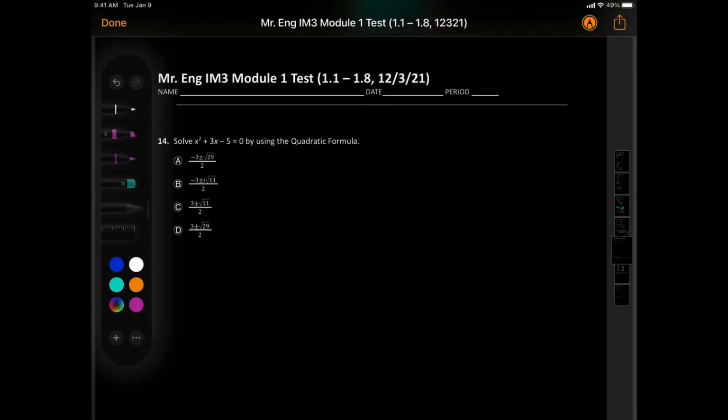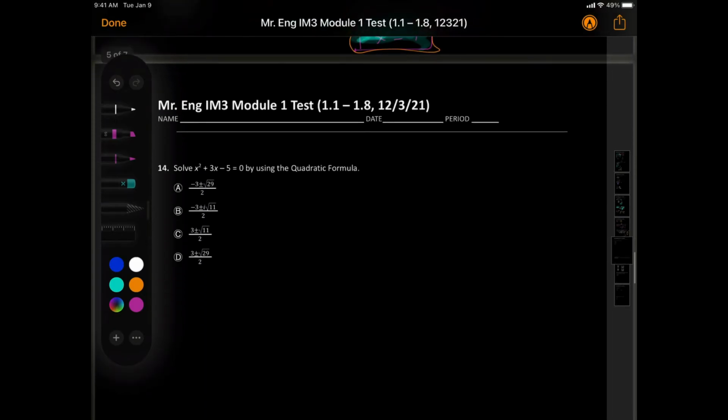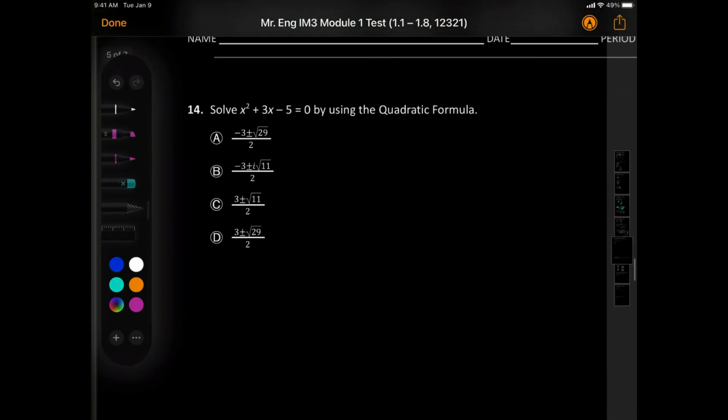All right, let's go over number 14. Solve by using the quadratic formula. x equals negative b plus or minus the square root of b squared minus 4ac all over 2a. All right, so you have a is 1, b is 3, and c is negative 5.